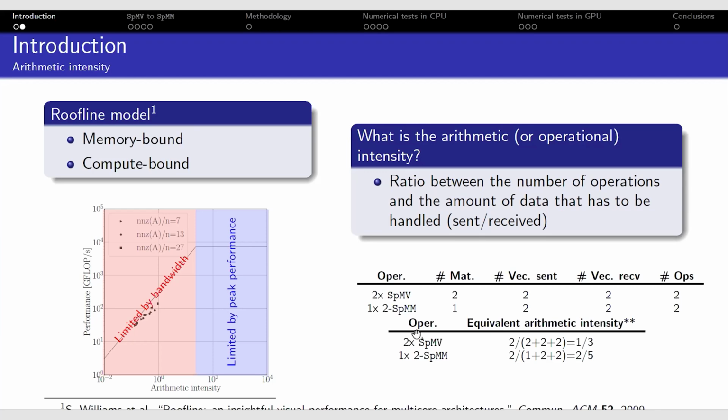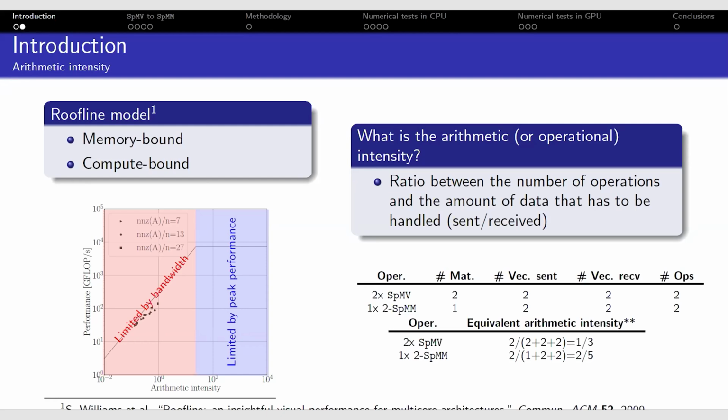So in the end, that's what I call the equivalent arithmetic intensity, because for the proper one, we should take into consideration flops and bytes, not just count operations and acts of sending and receiving. We can see that the arithmetic intensity of the two-right-hand-side SpMM is bigger than that of the SpMV.